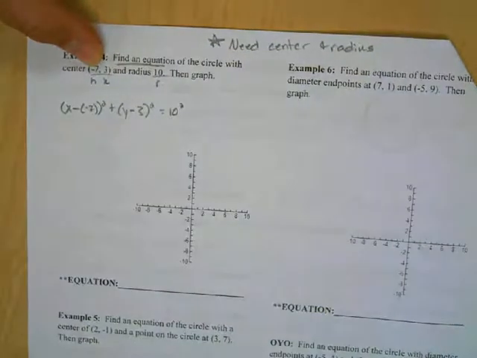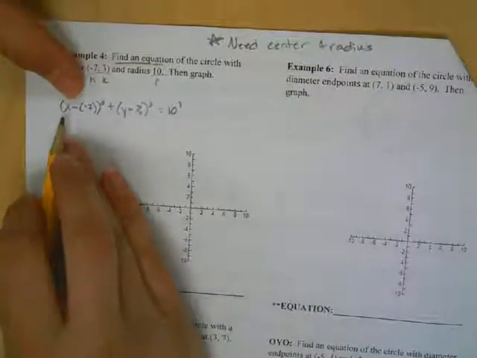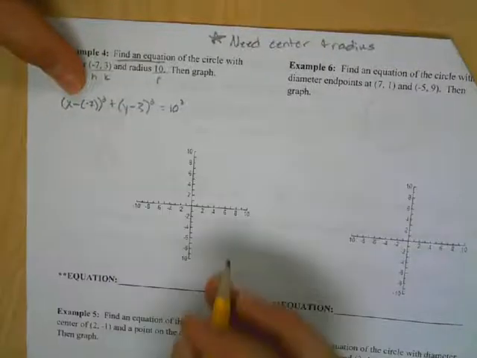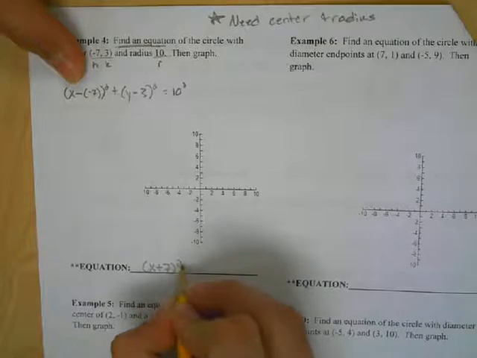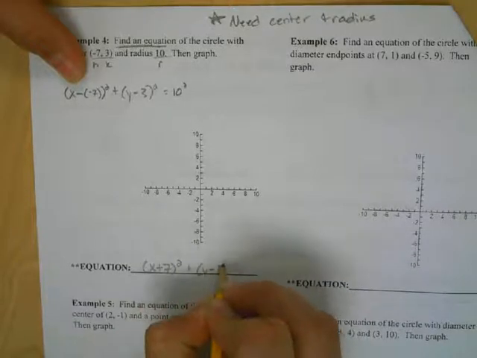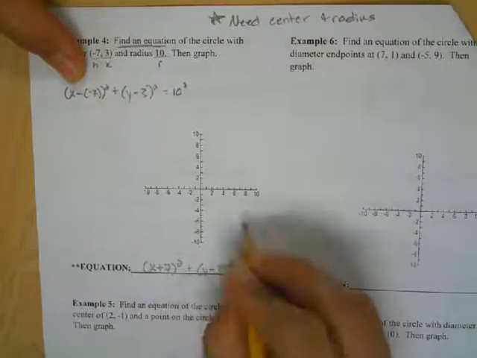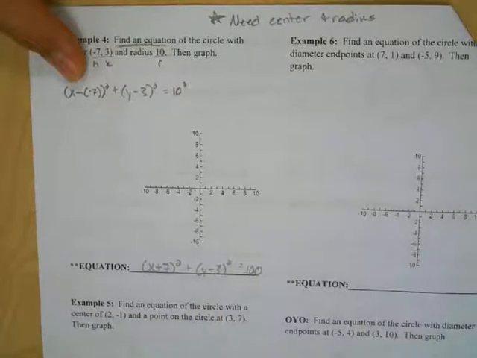Plugging them all in, for my equation we don't leave minus a minus 7. It becomes x plus 7 squared plus y minus 3 squared, and 10 squared is 100. So this right here would be my equation.